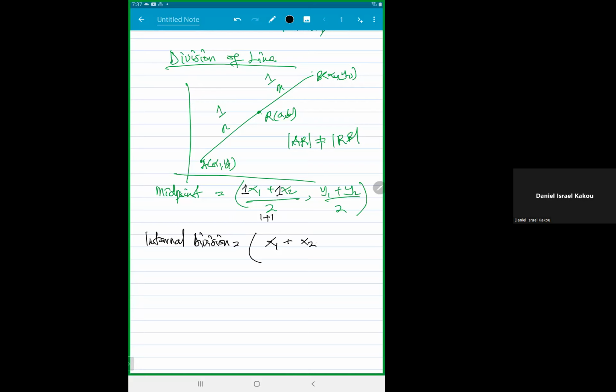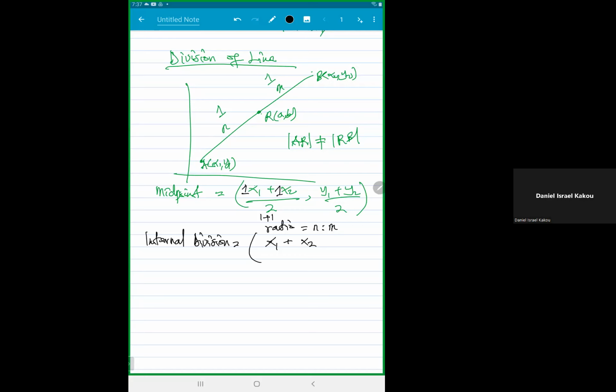That's our ratio we are using this time. It's not 1:1, so the arrangement of the ratio also really matters, remember. The ratio we are using is n:m. Assume n to be the first value of the ratio and m to be the second value of the ratio.